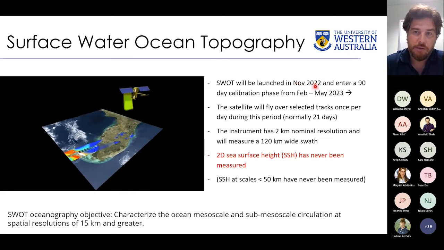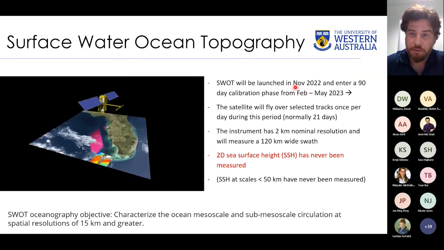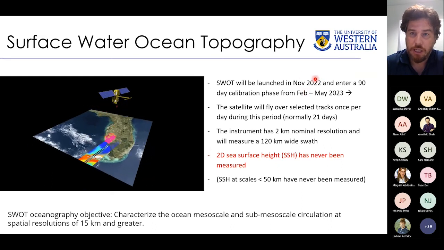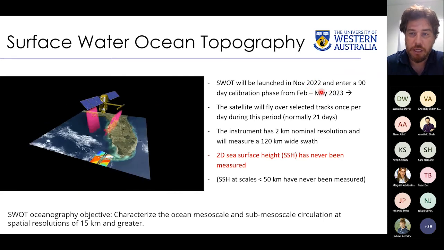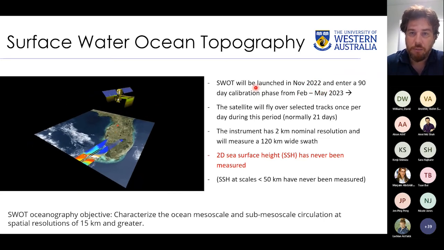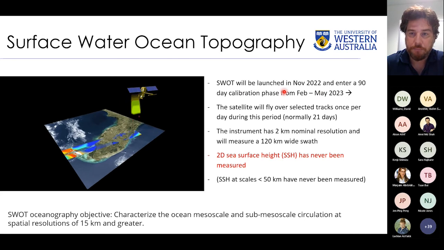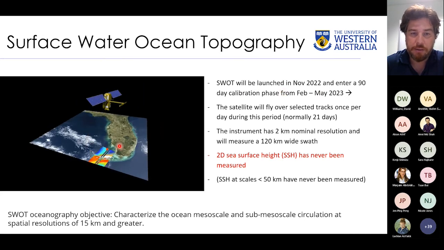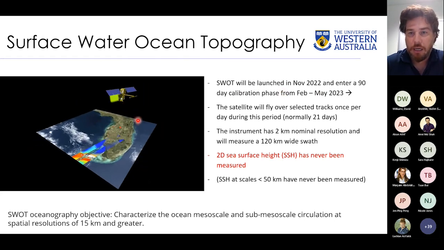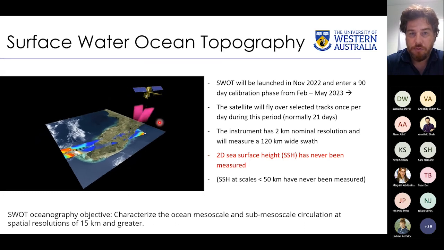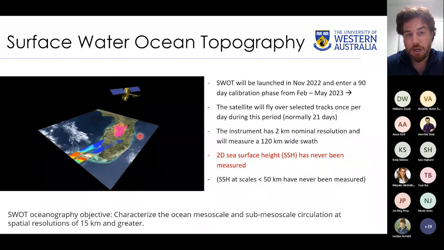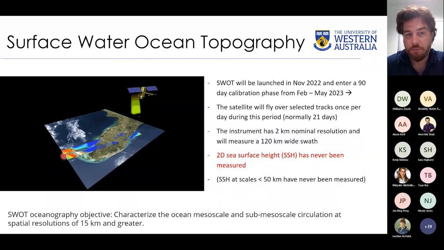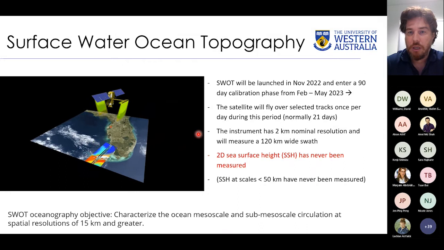Some of the details: it's not in space yet. It's launched at the end of this year, and at the start of next year or mid next year, there'll be this calibration phase where the satellite flies over selected regions once per day, and during that time you'll be able to get higher frequency data of this sea surface height variable.